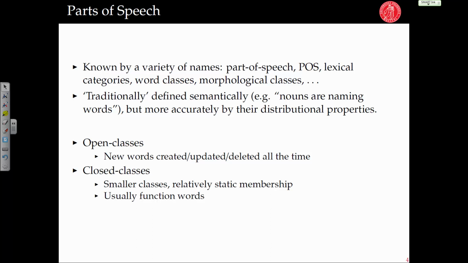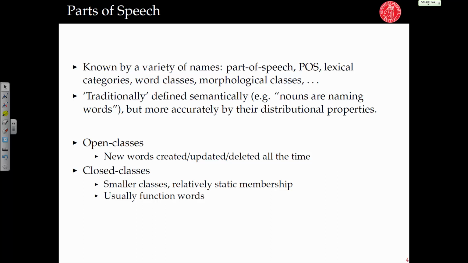Now, if you contrast that to the closed class, this is the class of types of words that have a static membership, meaning that pronouns, for example, which belong to the closed class supertype of words, are relatively static. You don't see new pronouns added every decade.